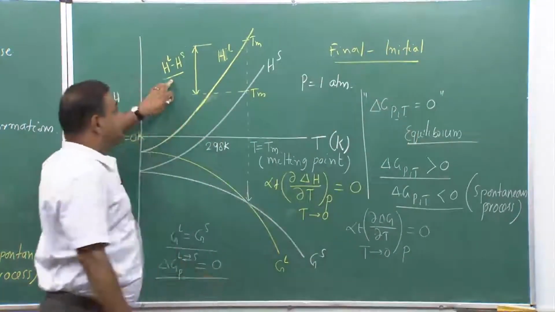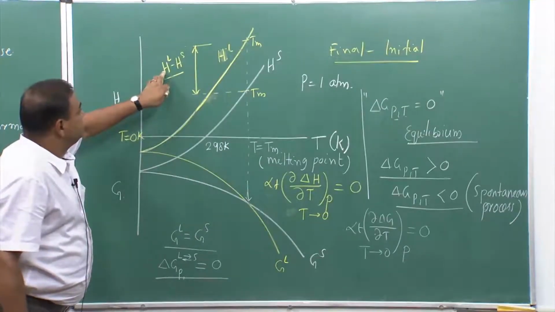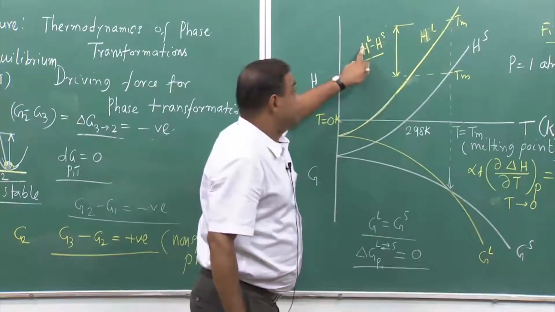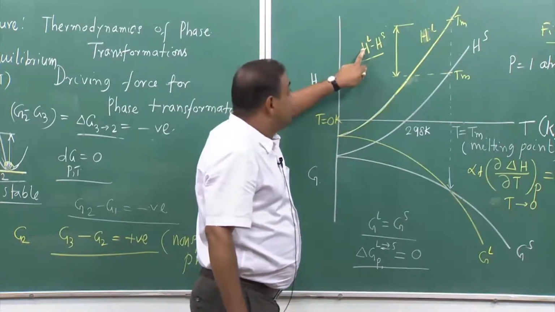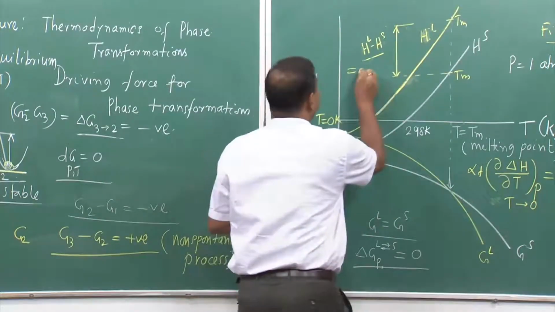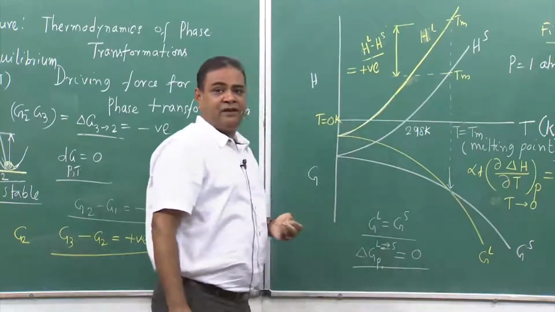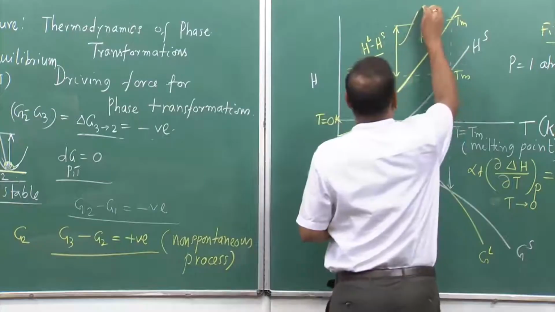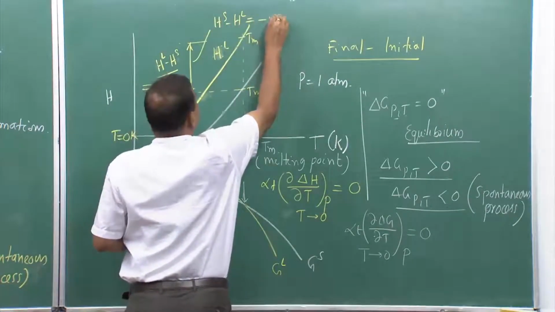In this case, I am subtracting solid enthalpy from liquid enthalpy, that means my final state is liquid. So, what is this value? This value becomes positive, means this is higher than this. But if I try to do HS minus HL, that becomes negative.